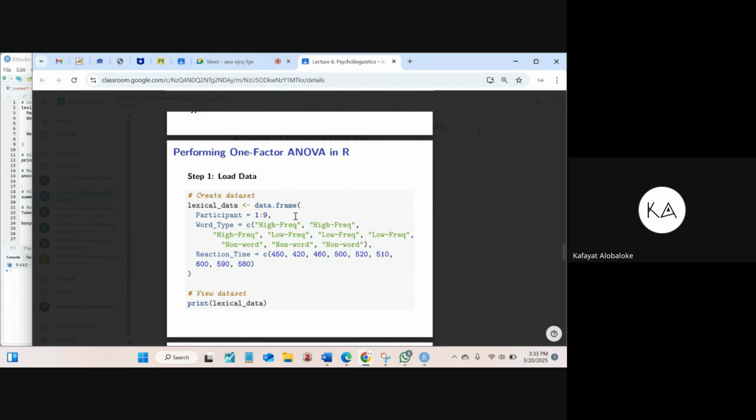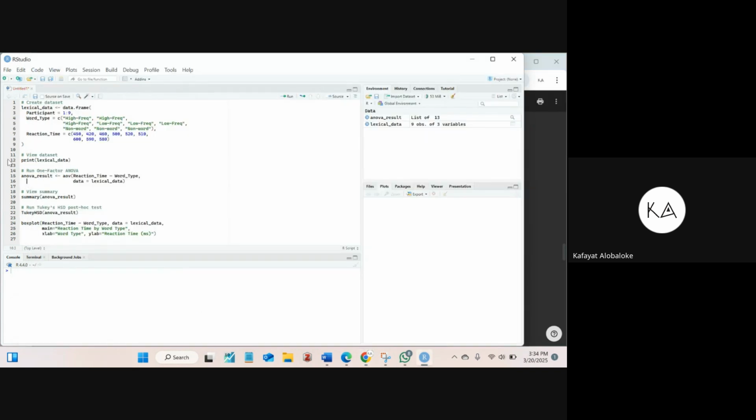Data frame is used to create a data set in R. You are trying to create your data set manually, that's if you are not bringing it from Excel. So we have 9 participants, that's why we have 1 to 9 here. Then the word type, we have the high frequency, the low frequency, and then the non-words, and also the reaction time.